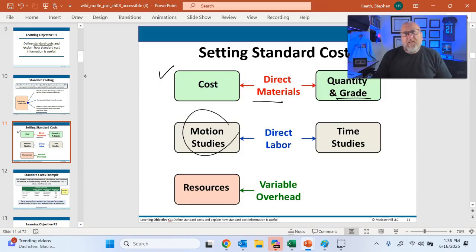And then there's things associated with labor. There could be motion studies, and motion studies are ways to identify the way that we work. Like, how are we making the table? Are there ways that we can reduce the amount of time associated?